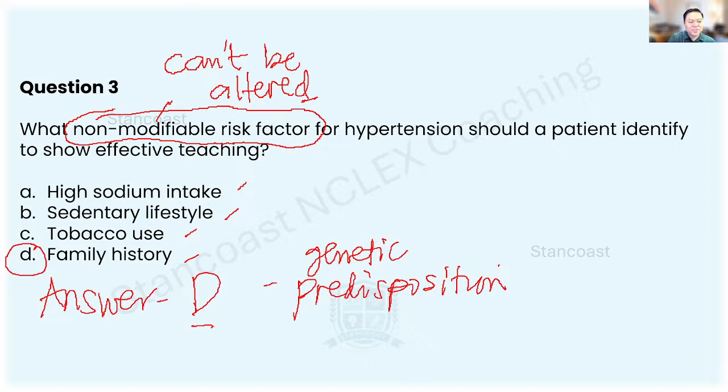So the high sodium diet is something that you can modify. Low sodium diet. Sedentary lifestyle, you can encourage the patient to do a lot more physical activity, exercise. Tobacco use, you can do smoking cessation. Let me just write those because those are important.